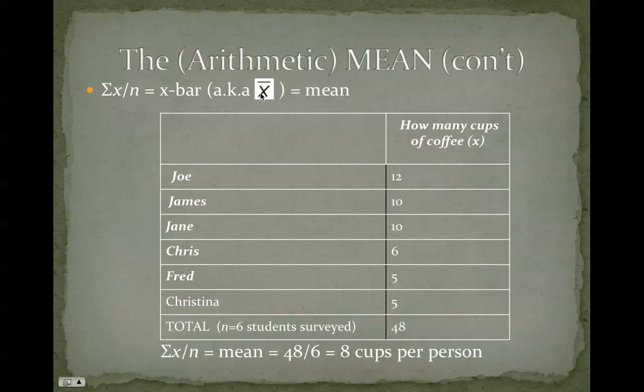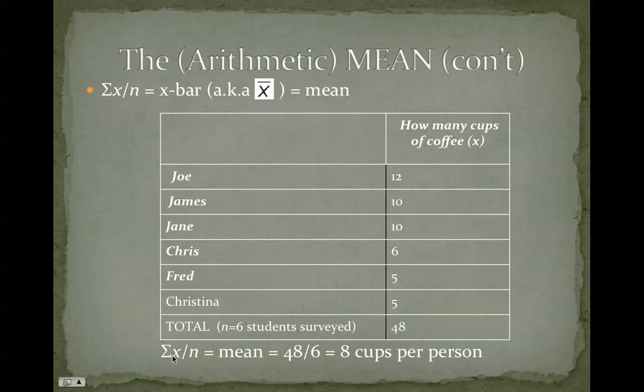Okay? So the mean of x. So x bar is just the average number of cups of coffee. We've already calculated that. Now we have a value, not only a value, but also a statistical symbol to assign to it as well. So the sum of x divided by n equals x bar. I just typed out x bar because sometimes it's easier to type out x bar, but this x bar is the same as this x bar here.